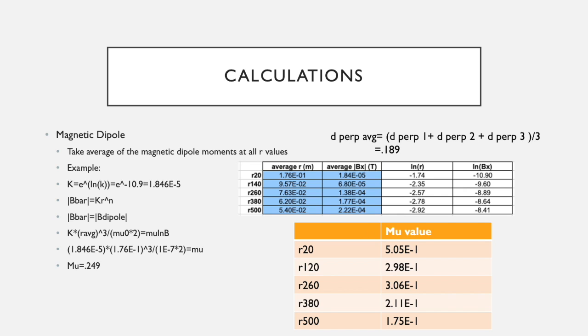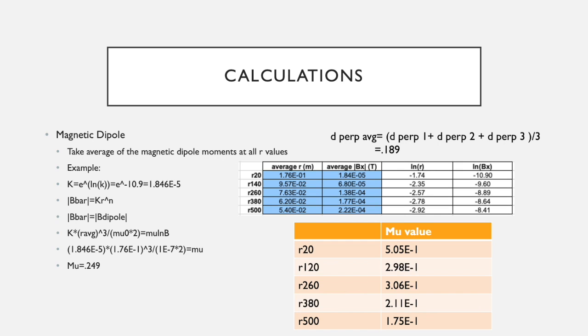There were two possible ways to calculate the average magnetic dipole mu. The first is to find the value of mu at each distance and average them together. The second way would be to use the slope and the y-intercept of the line created on the last slide to solve for an average mu.